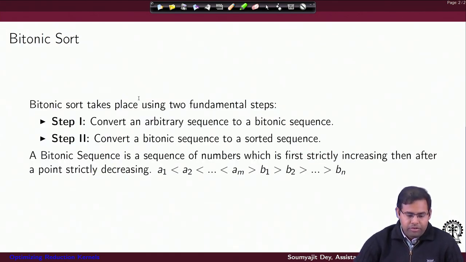So coming back to this Bitonic sort idea, step 1 is to create the Bitonic sequence. Step 2 is to take as input the Bitonic sequence and then create a sorted sequence.